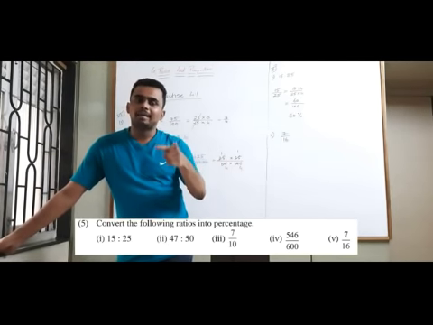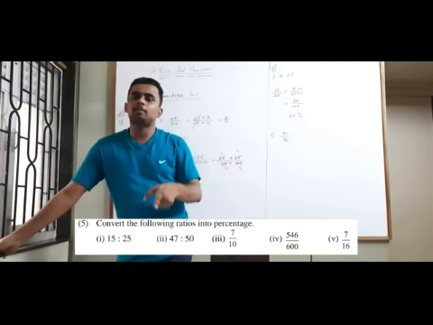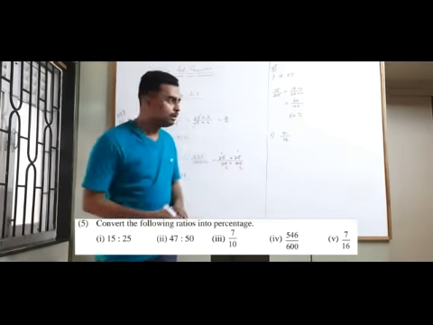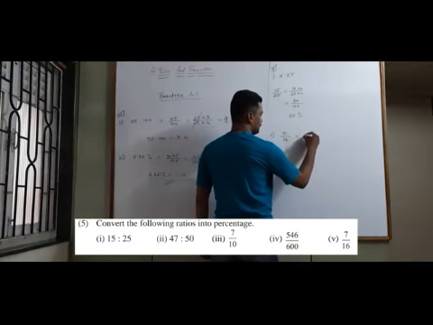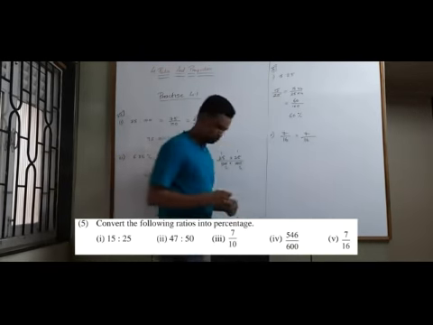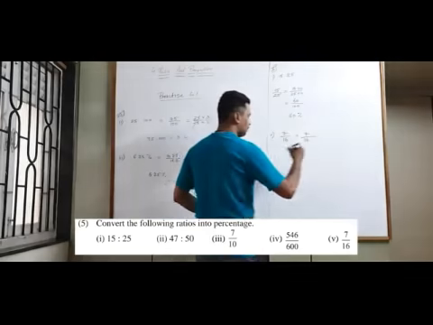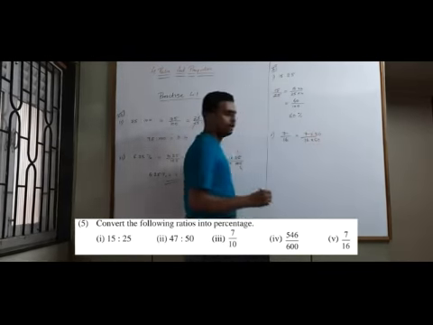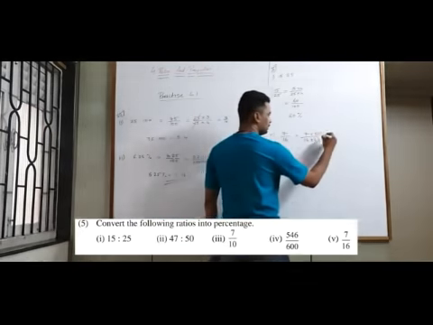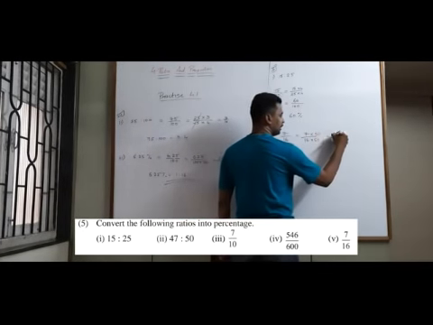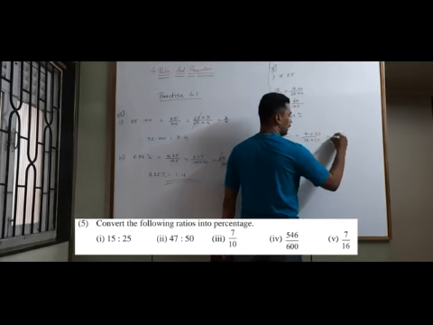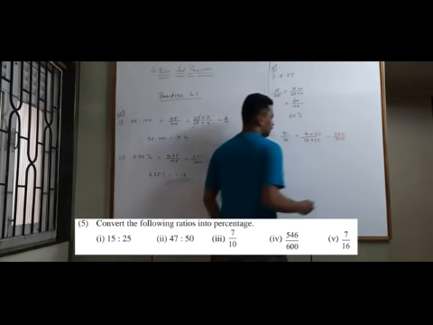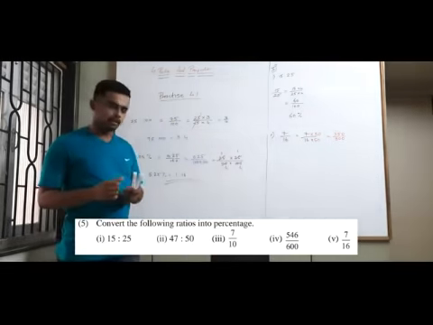Right? So I can get 800 as the multiple of 16. So when I multiply 7 upon 16, multiplying this number by 50 and this number by 50, I will get 7 5s are 35, and the 0, upon 800. So now I have 350 upon 800.